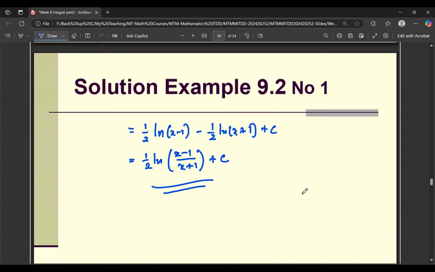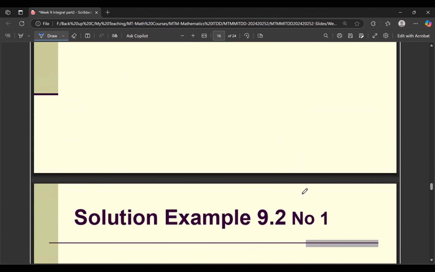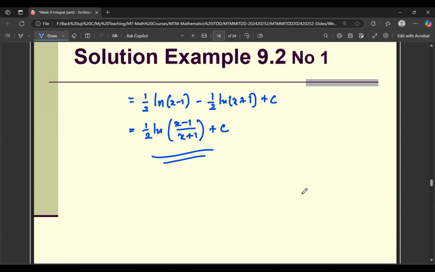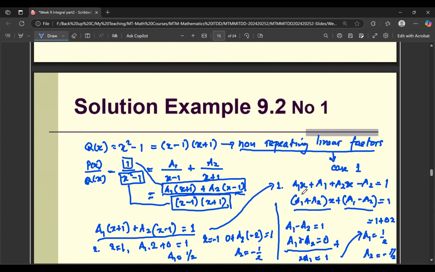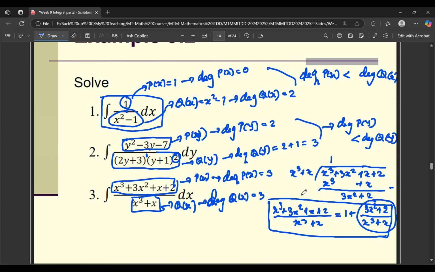So I suggest you make it detailed and write it again in your paper, the solution we have in this presentation. So make it become your own notes.